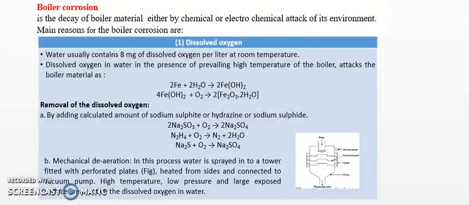In this process, water is sprayed in a perforated plate fitted tower, heated from sides and connected to a vacuum pump. As shown in the figure, high temperature, low pressure and large exposed surface reduce the dissolved oxygen in water.